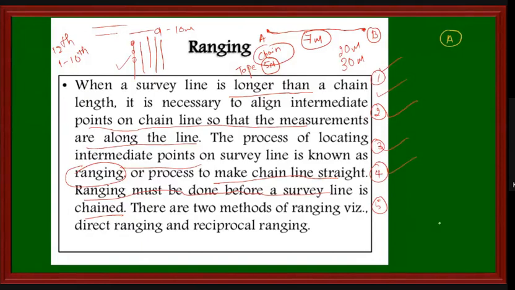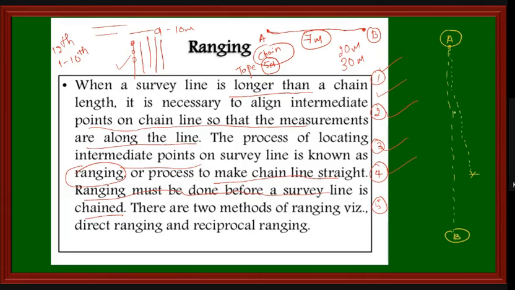Obviously, what happens? Station A, station B. If I hold one end of the tape or chain at the A point and stretch it, obviously I will not go in a straight line. My chain or tape will be in this direction. But what I want is the straight line. This is my straight line.